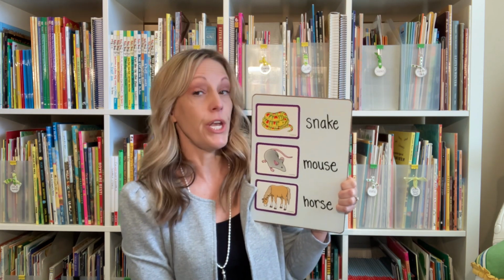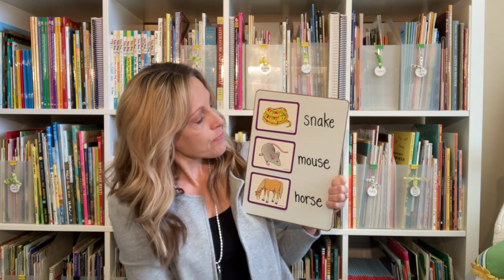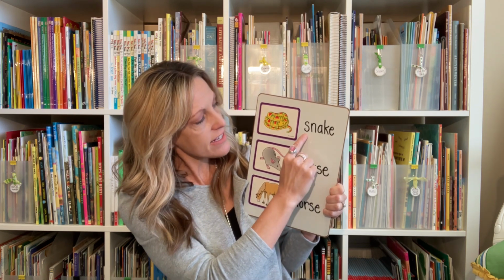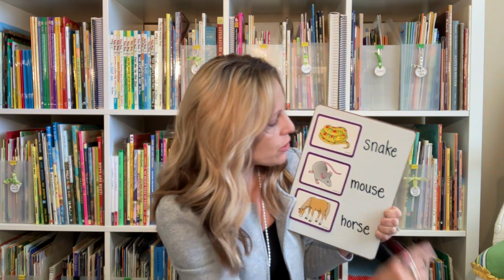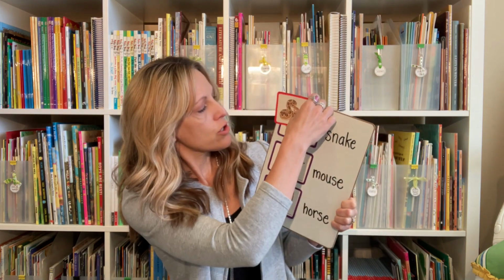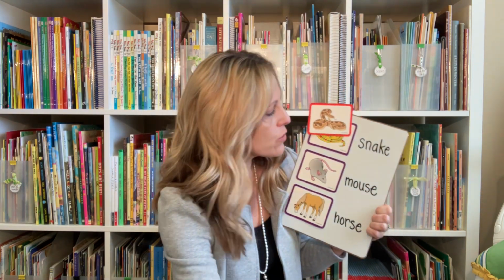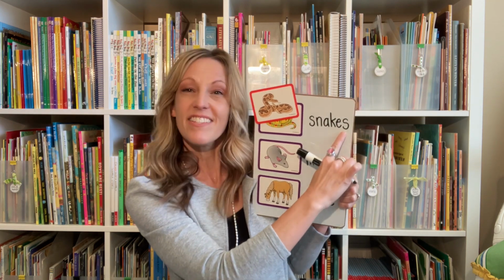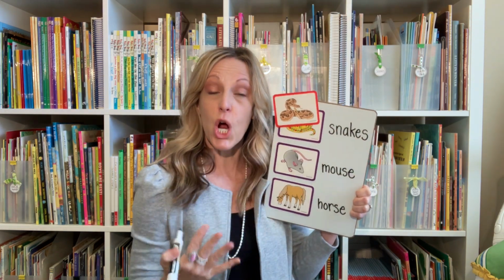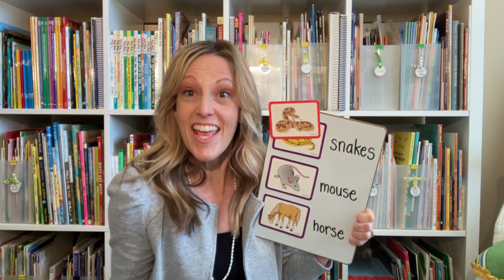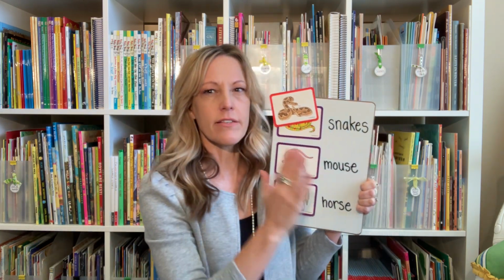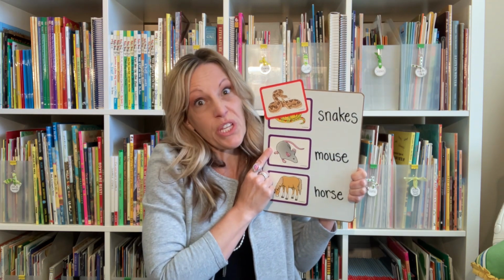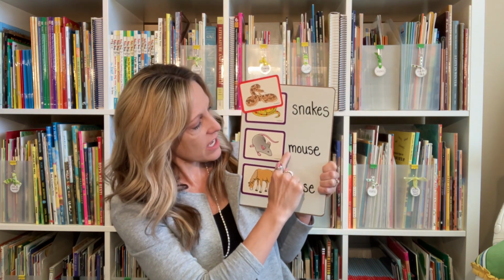So what I want you to notice is the word snake, we just have one snake, right? There's an S at the beginning, but if I wanted to make that into 2 snakes, then I would just add an S to the end, and that S at the end lets me know that there are 2 snakes. Now the word mouse, and there's only one.